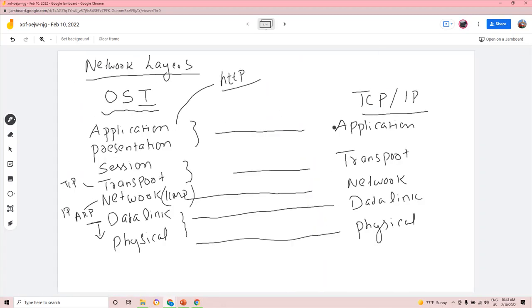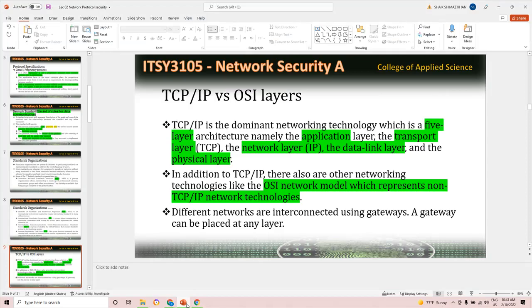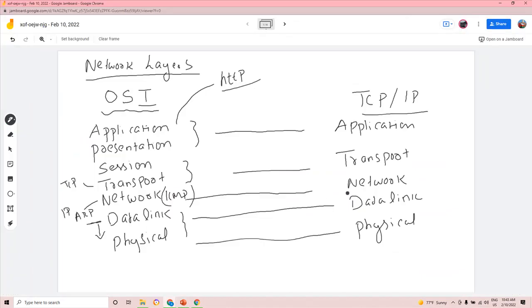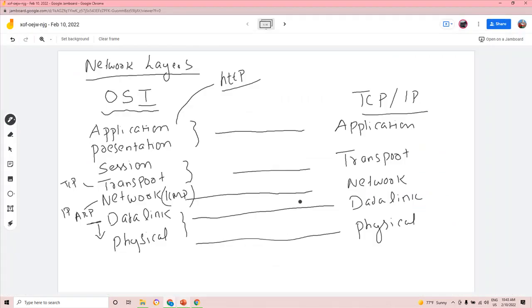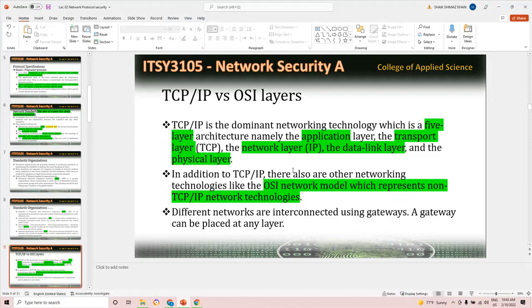So application, transport, then network, then data link and physical.